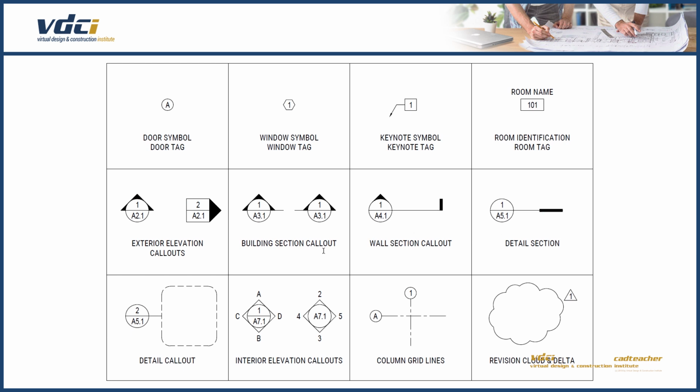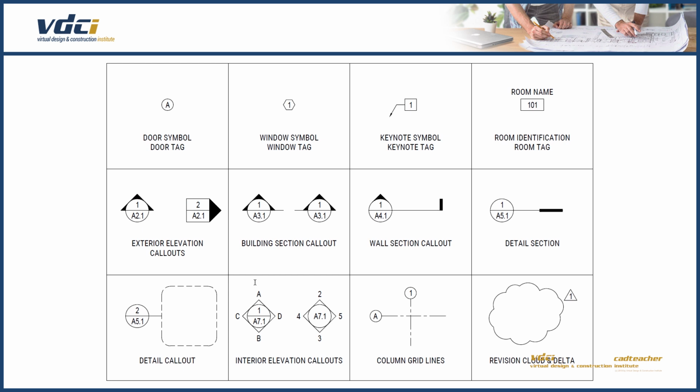Another option might be that I might have a floor plan and I might have an enlarged area in through here, which might be another detail callout. So we have a dashed line that goes around the area that's going to be enlarged in the detail. And we would say to see this enlarged area, go and look at image 2 on page A5.1.